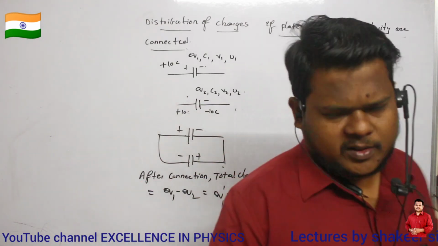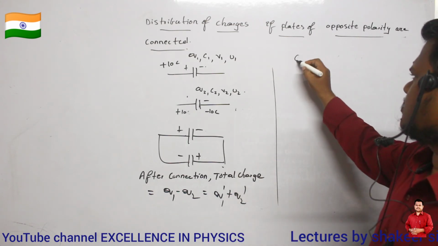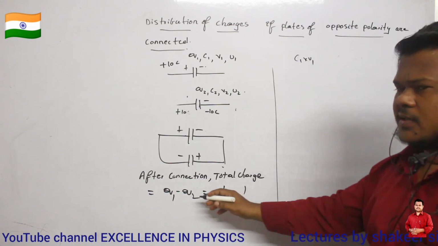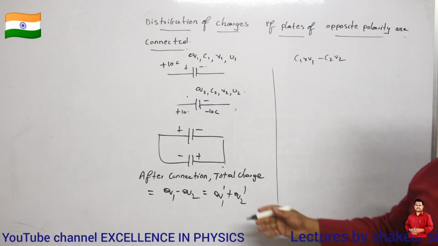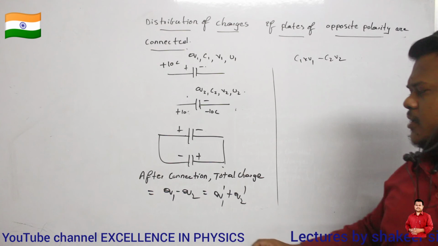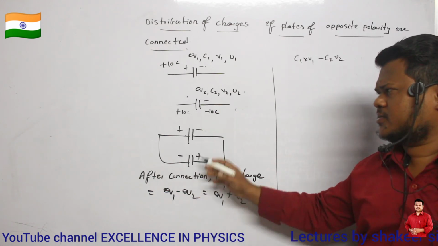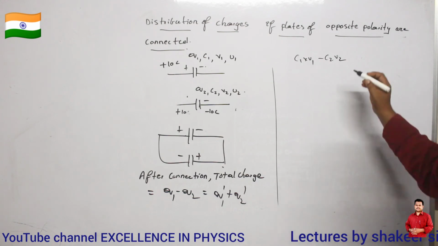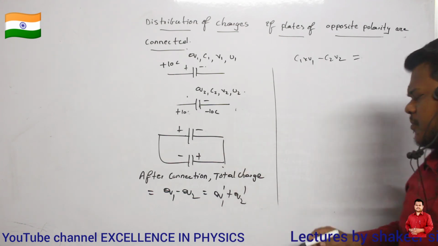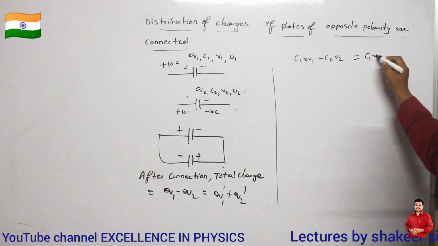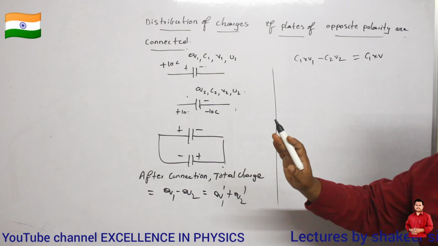Now let us see what we can do. Q1 can be written as C1 into V1. Similarly, Q2 can be written as C2 into V2. These are initial charges. Initial charge is C1 V1, and initial charge on second capacitor is C2 V2. So this is equal to final charge. Final charge on first capacitor is C1 into V, because after connection both of them will get to common potential.